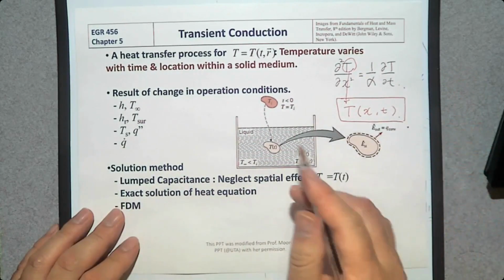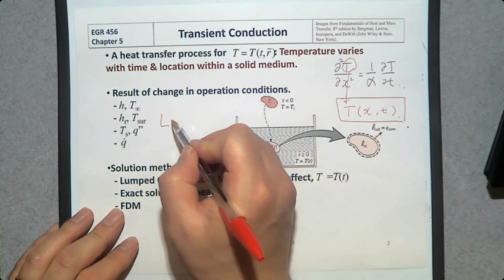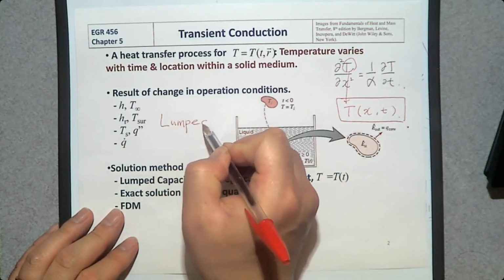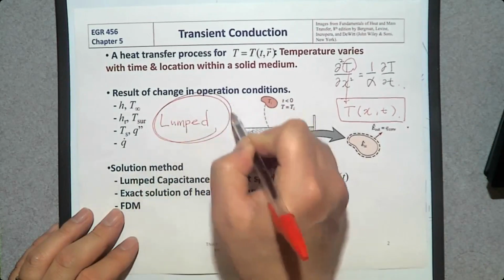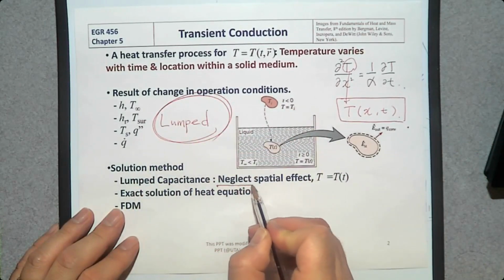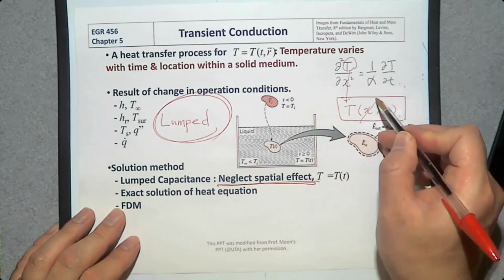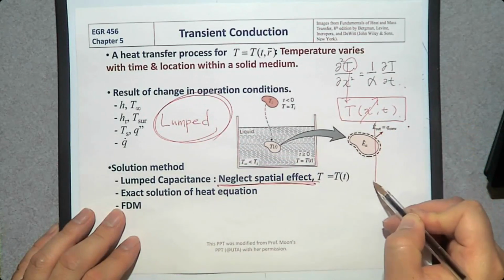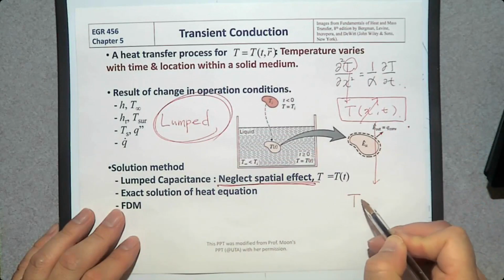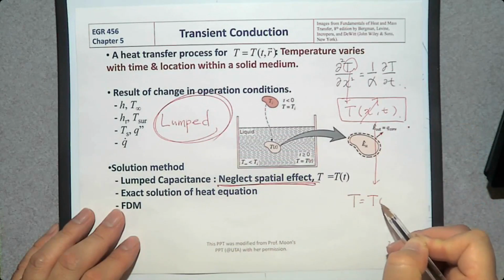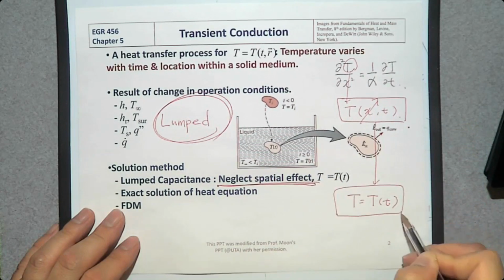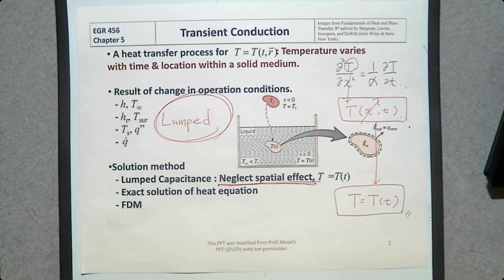But if you can assume that it's a lumped system, we can neglect the spatial effect. So we don't need to worry about this X. The temperature T is going to be just a function of time t. So that is our assumption when we have a lumped system.